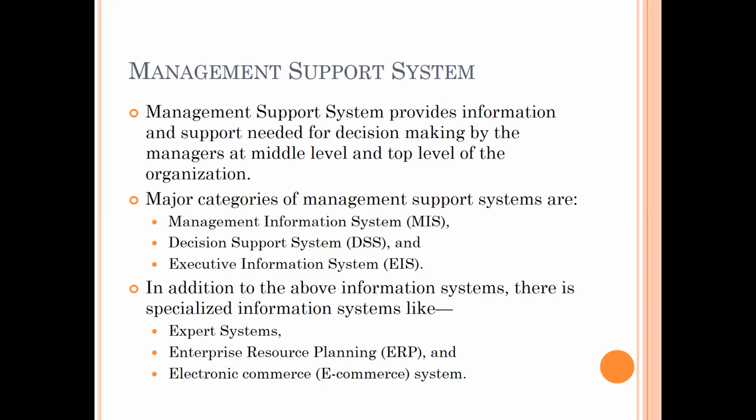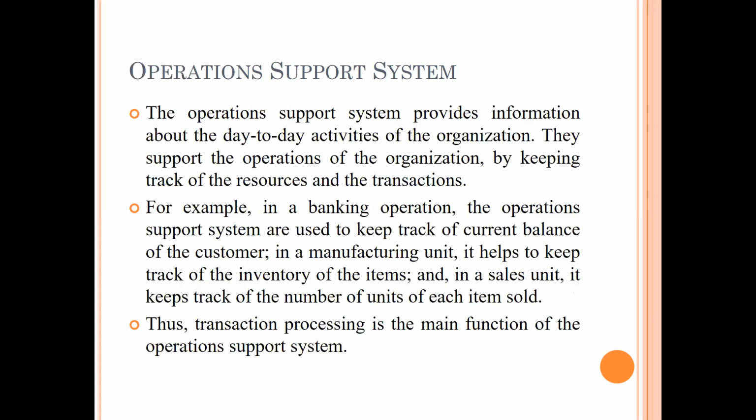So major categories of management support systems are the management information system, decision support system, and executive information system. In addition to the above information systems, there are specialized information systems like expert systems, enterprise resource planning, and electronic commerce systems. So as we proceed through the class, we'll discuss these different information systems in detail and see how each comes into play in an organization.